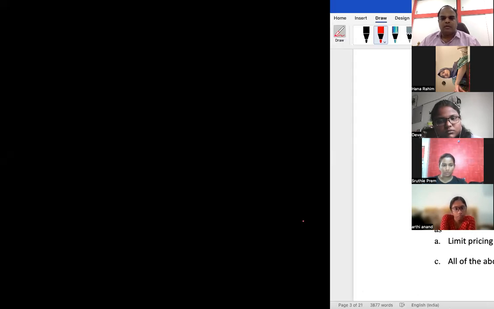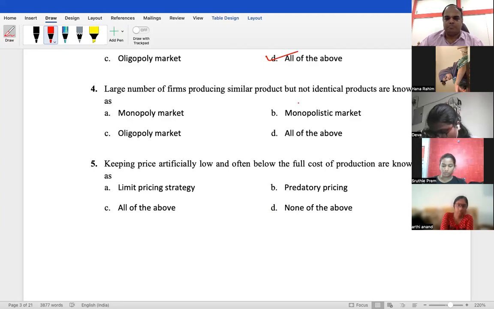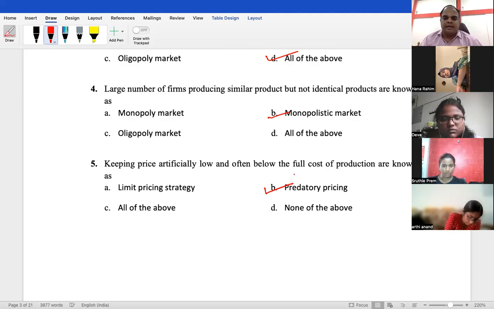Monopolistic. Yes. Good. Keeping price artificially low and often below the full cost of production are known as limit pricing strategy, predatory pricing, all of the above, none of the above. Predatory pricing. It is for the purpose of killing the competitor.